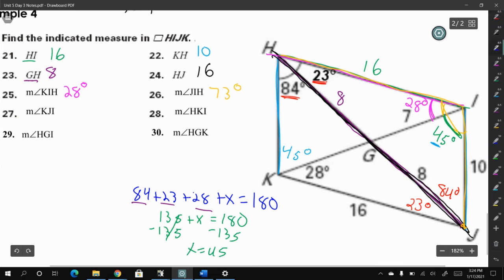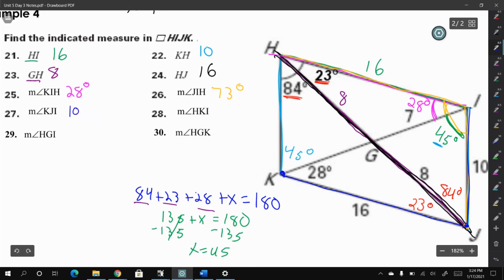The measure of KJI is that whole angle there, 84 plus 23, which is 107. The measure of HKI, which is this angle here that we calculated was 45 degrees.